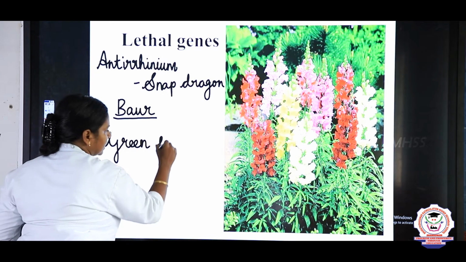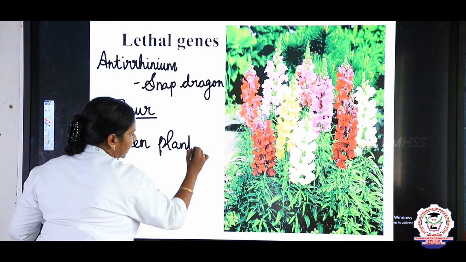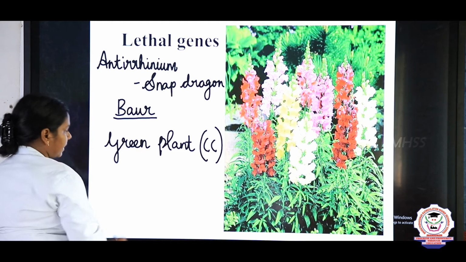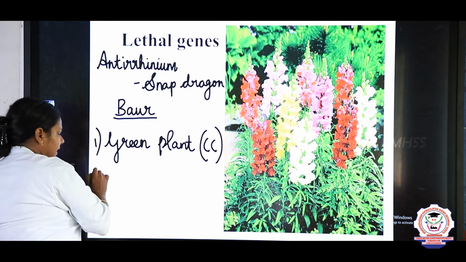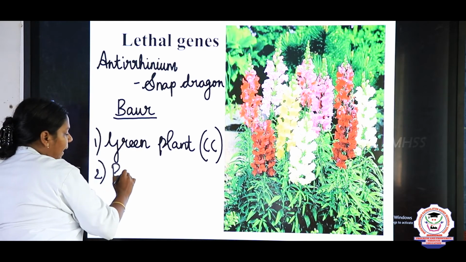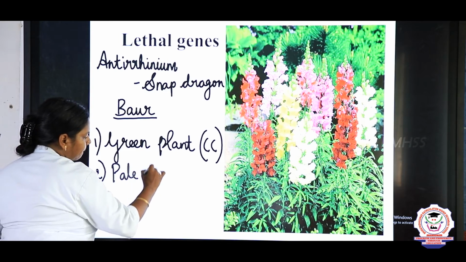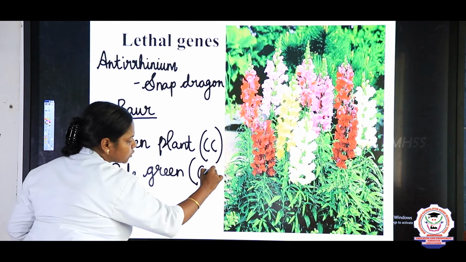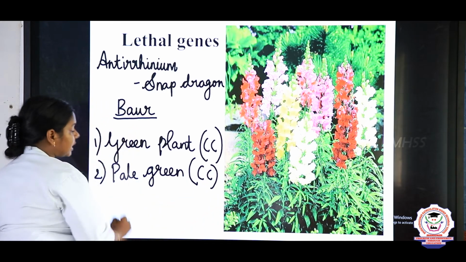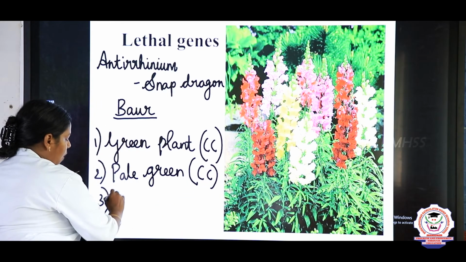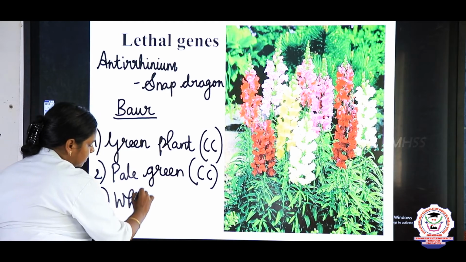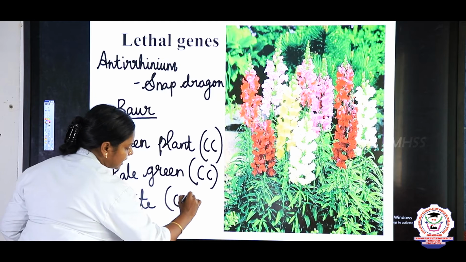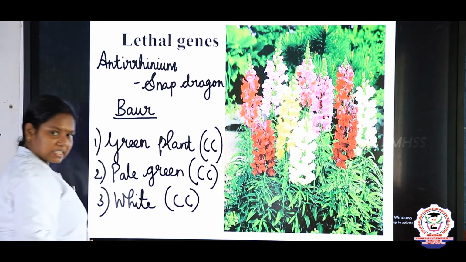One is a green plant with the allele capital C, capital C. The second plant is pale green with the alleles capital C, small c. And the third plant is white in color, and the allele is small c, small c, recessive, right.